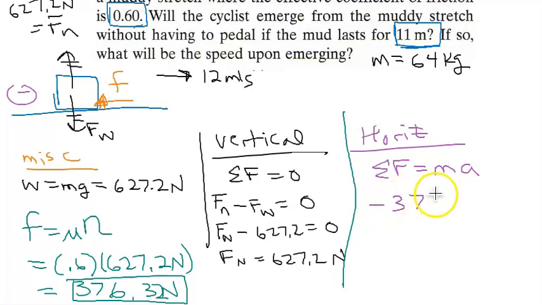Friction is pushing to the left, causing it to decelerate. So the acceleration is negative 5.88.